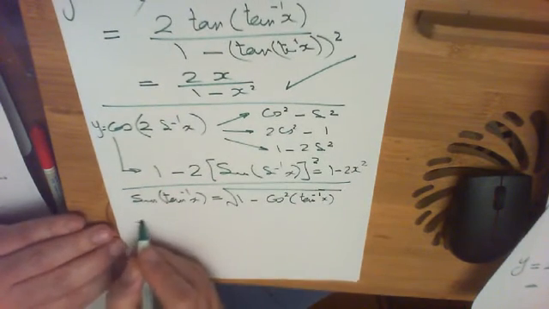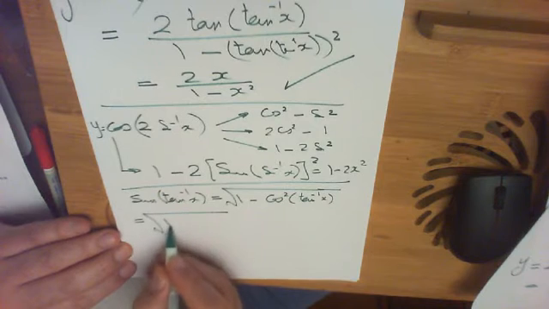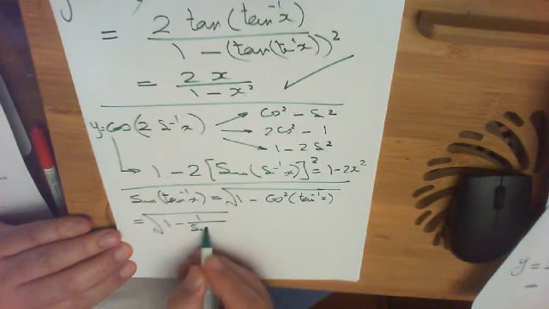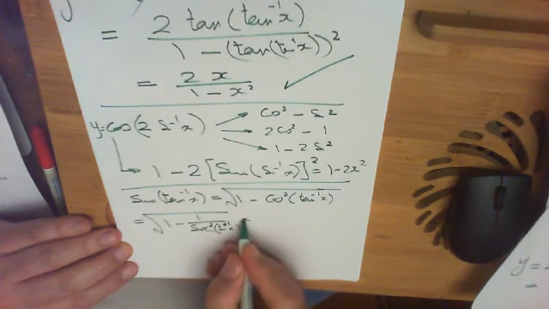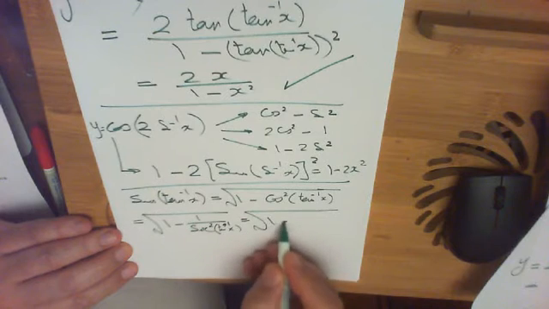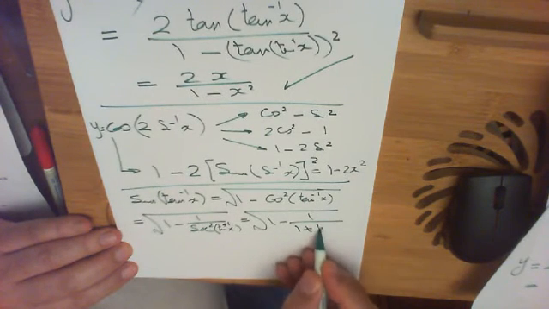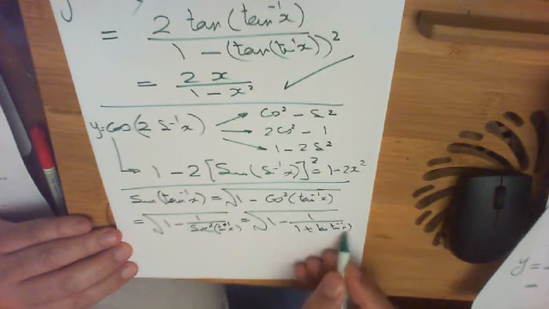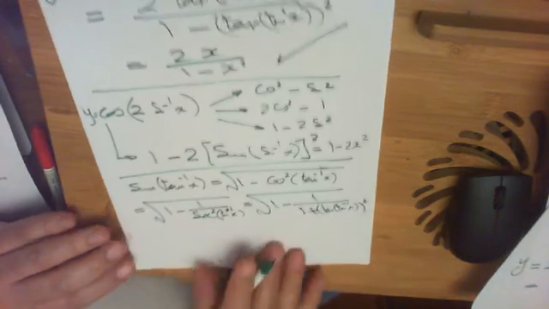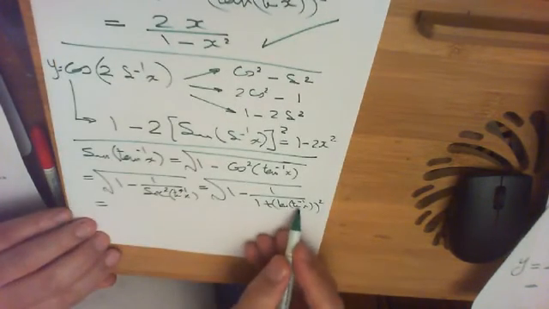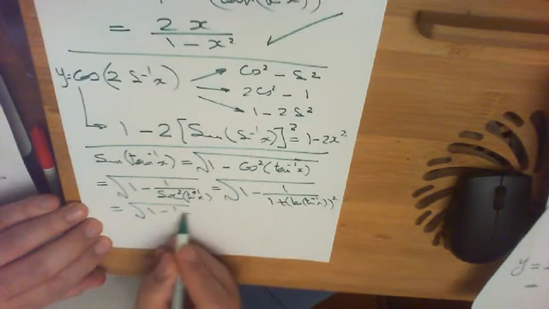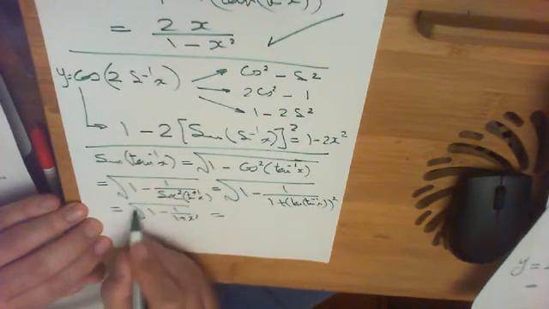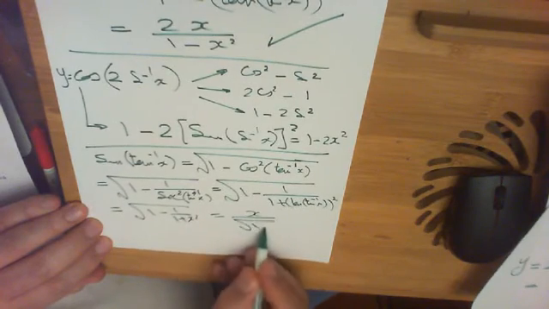But cosine squared is 1 over secant squared, so 1 minus 1 over secant squared of tan minus 1 x. And secant squared is 1 plus tan squared, so 1 minus 1 over 1 plus tan of tan minus 1 x, squared. It's finished. Tan cancels tan minus 1, so we have 1 plus x squared. 1 minus 1 over 1 plus x squared simplifies to x over 1 plus x squared.